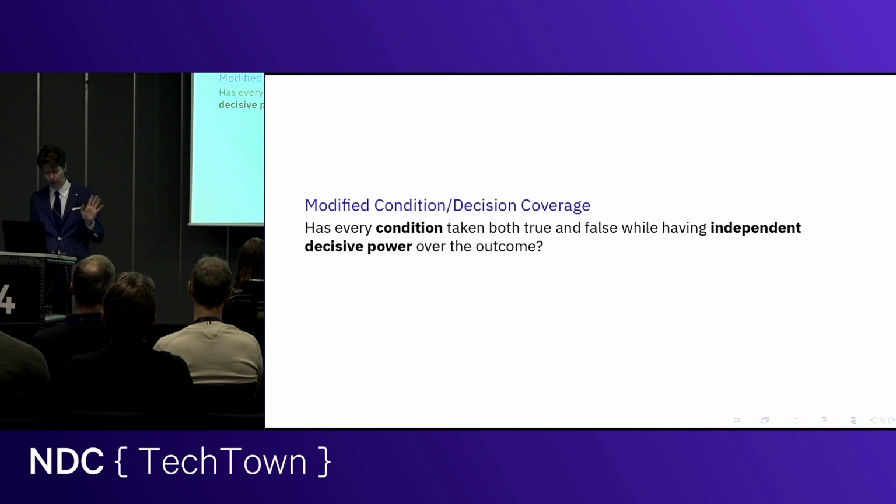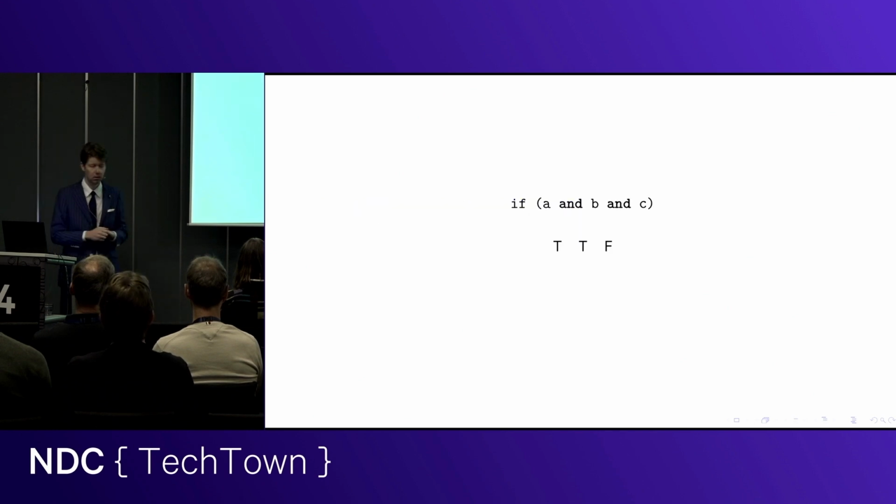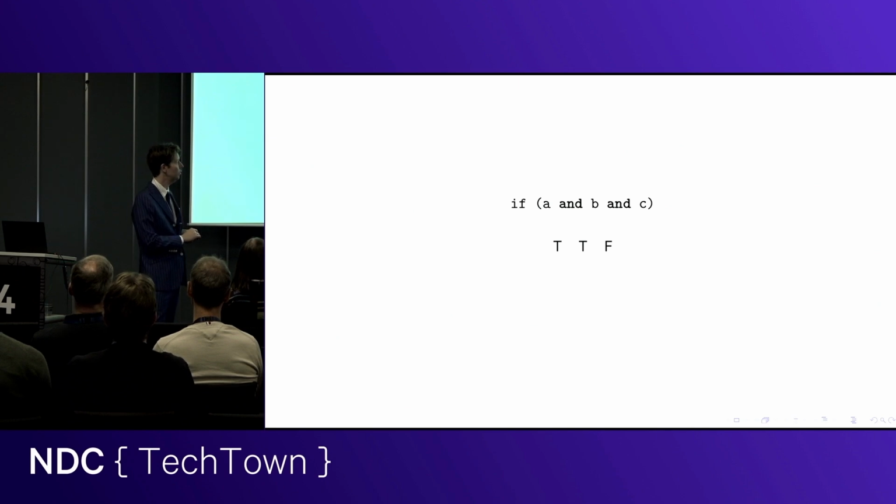If you want to learn all about MCDC, I did a talk on it 2 years ago, last year maybe. There's a bit of material out there, a few papers. But the gist of it is this. So in this case, we are evaluating A and B to true and C to false.